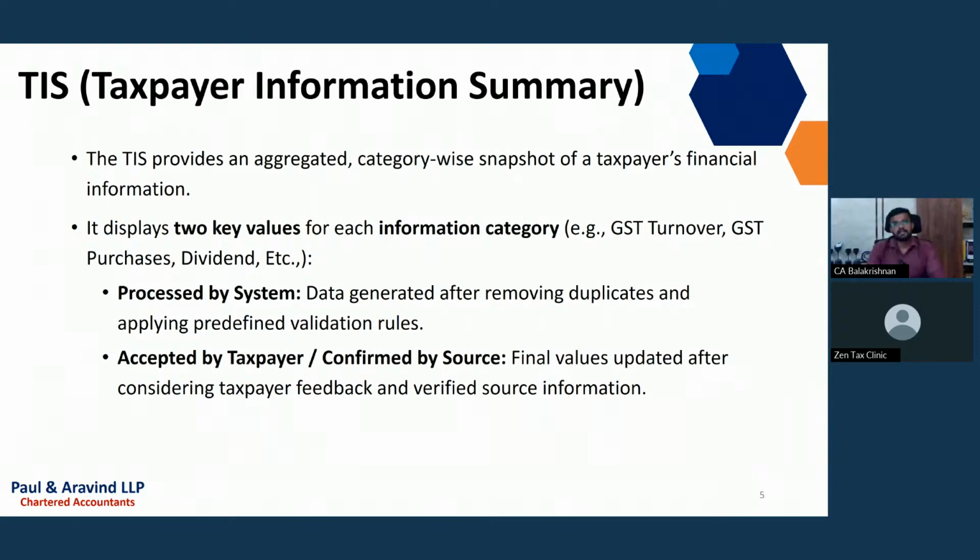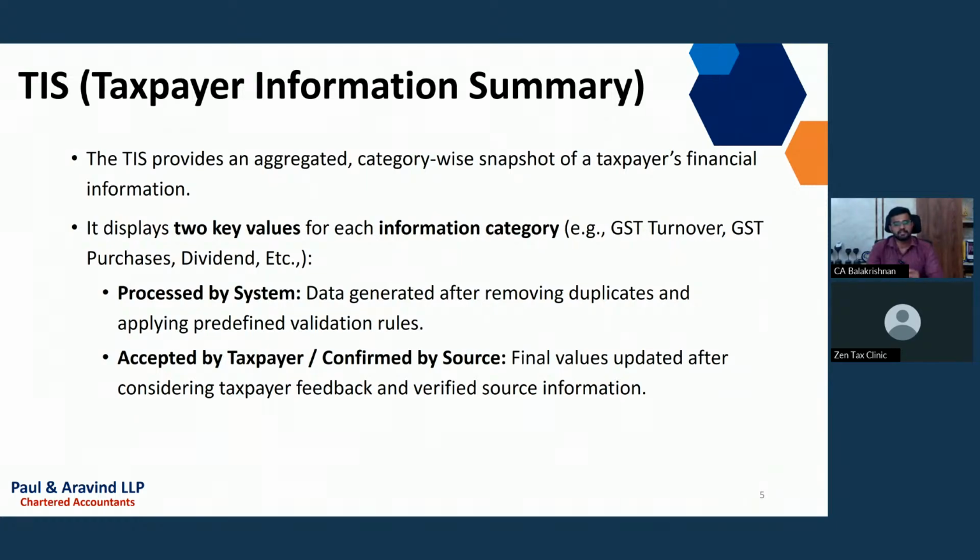And another key value is accepted by taxpayer or confirmed by the source, which means we need to provide our feedback in the AIS portal. That will automatically send the confirmation to the source who reported that value. Say for example, if we take GSTR-1, then it will automatically go to the supplier to confirm whether this information is correct or not.